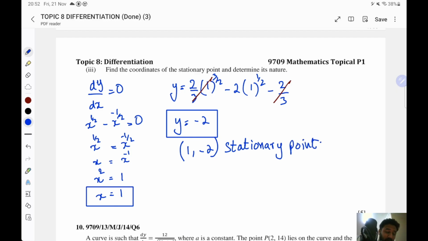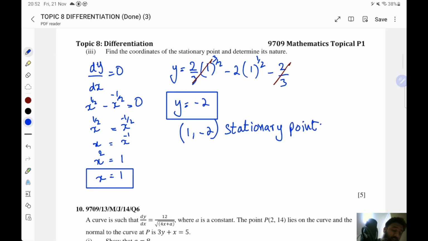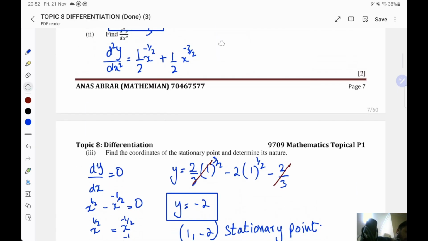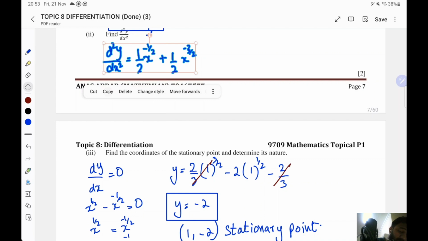And after that, we need to determine the nature. For the nature, we will use the second derivative, which we already found in the previous part. So let's substitute the value of x in here. So if I substitute the value of x, which is 1, it will be 1 by 2 plus 1 by 2, which is going to be 1.